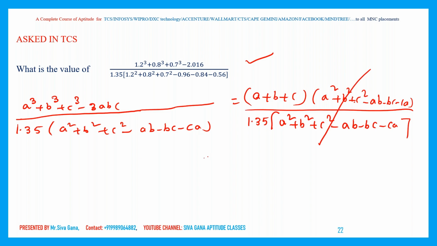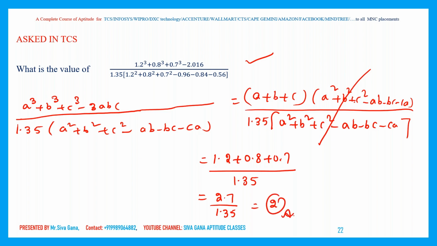We can cancel this. A is 1.2, B is 0.8, C is 0.7, divided by 1.35, which is nothing but 2.7 divided by 1.35. That comes with the result of how much? 2. Easy question, right? You should be in a position to identify.